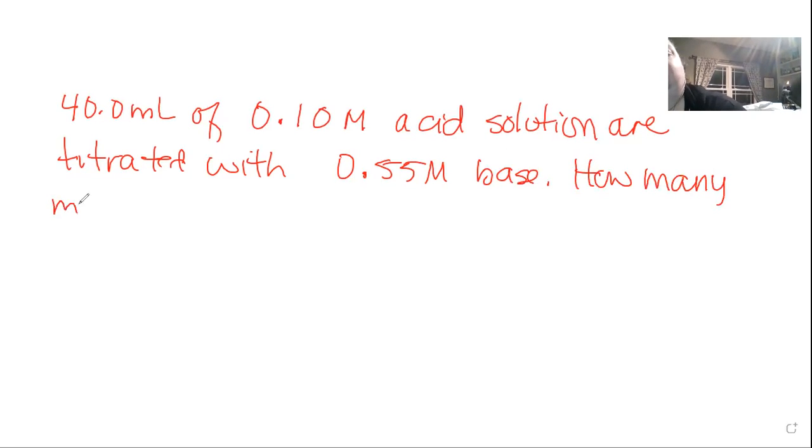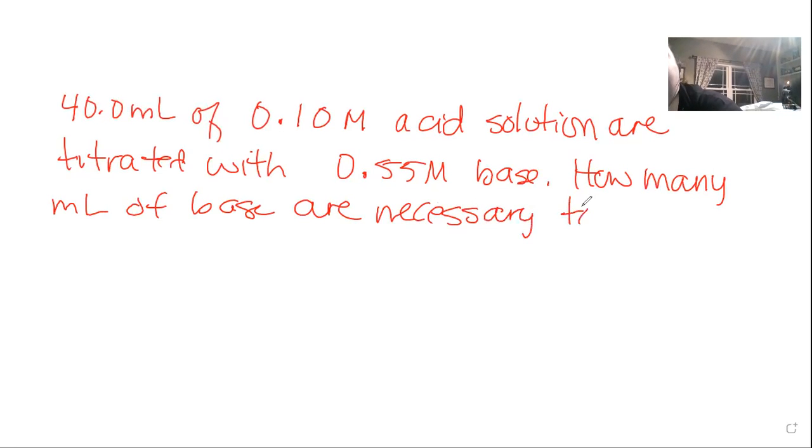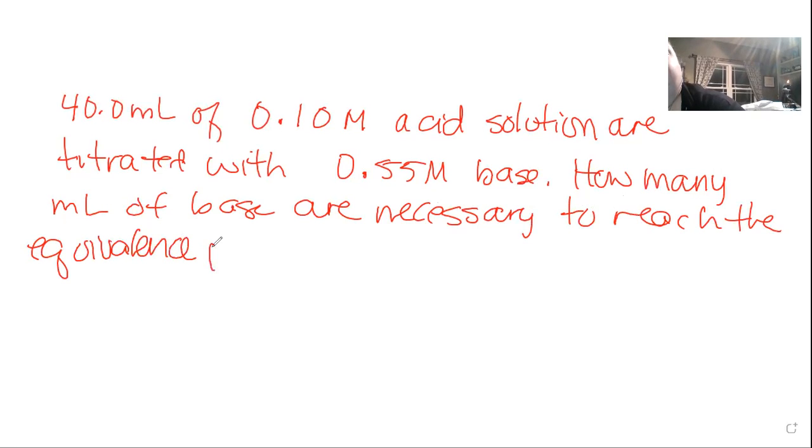How many milliliters of base are necessary to reach the equivalence point? And say we have a question something like that.